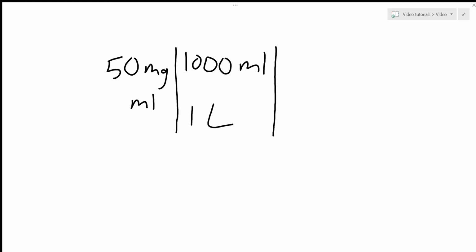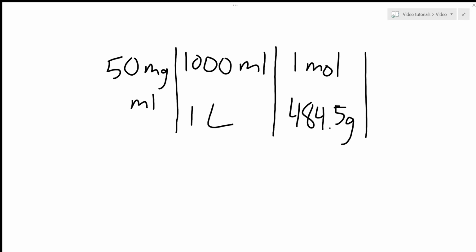Then Google tells us the molecular weight of kanamycin is 484.5 grams per mole, and we're going to multiply by the inverse of that because we want moles on top in our final unit. So 1 mole per 484.5 grams.